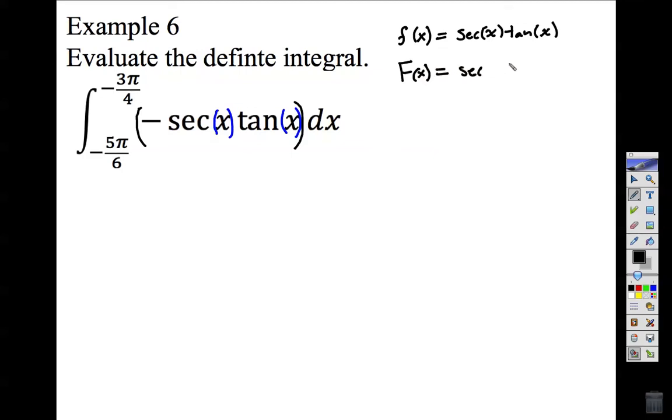That one is the secant of x. So if you take the derivative of secant of x, this one up here is the derivative. So this is what we're going to end up using for this here.